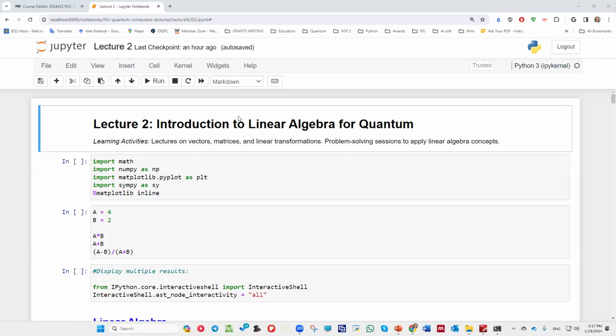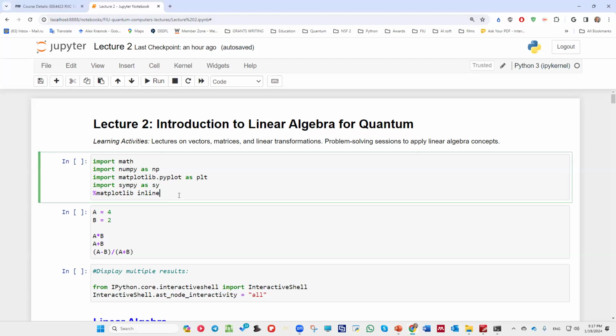All right, so to begin with, let us import the libraries we're going to use today, which include NumPy, SymPy, and Matplotlib.